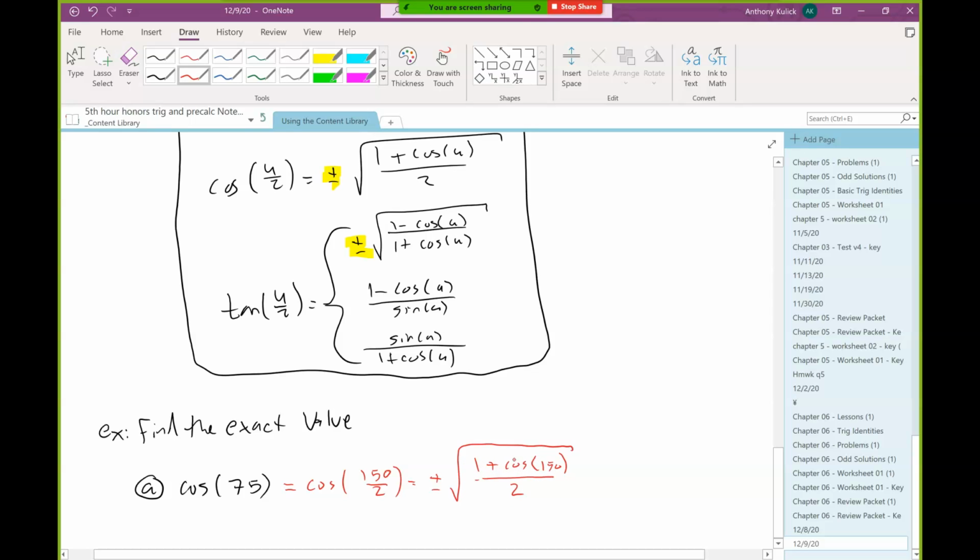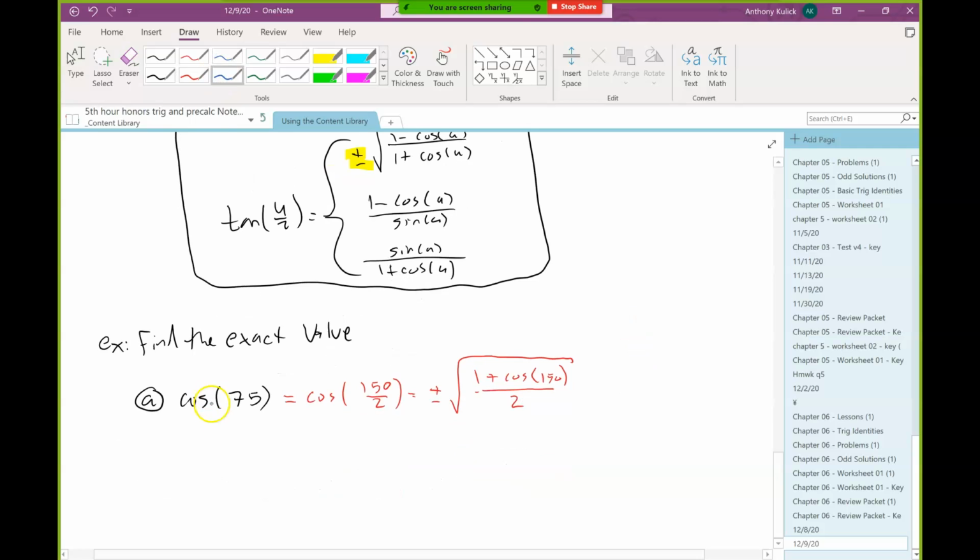And before I go forward here, let's make a decision about whether I should be using the plus or the minus. The original statement here is what's going to tell me. So 75 degrees is in quadrant 1, so cosine should be positive in quadrant 1.